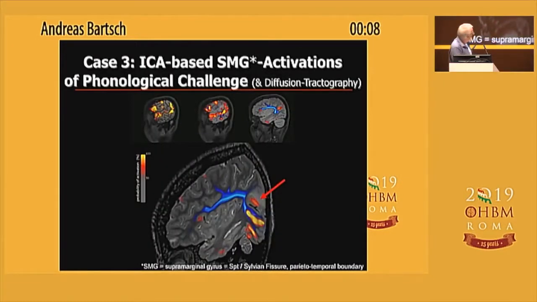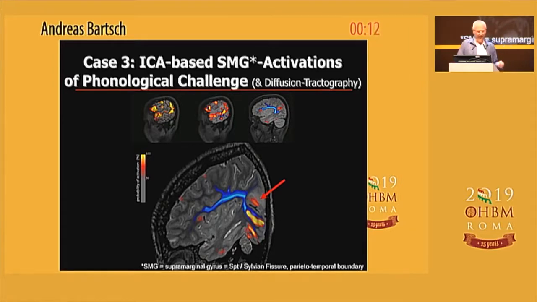Well, it was, because we found, aside from the arcuate fasciculus and the typical Wernicke activations, a little activation spot in the anterior supramarginal, so supra-Sylvian fissure gyrus.